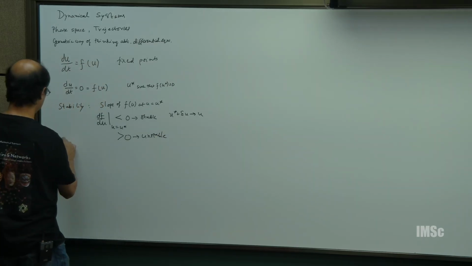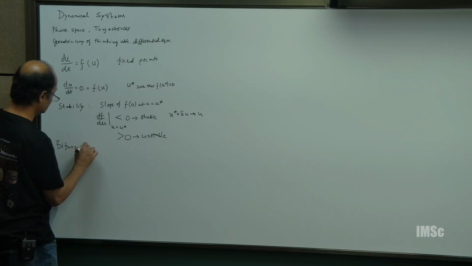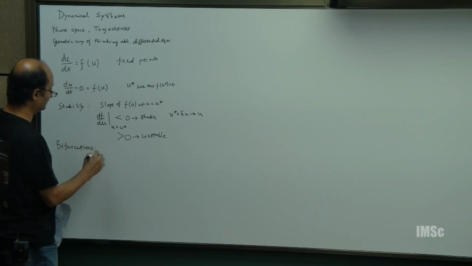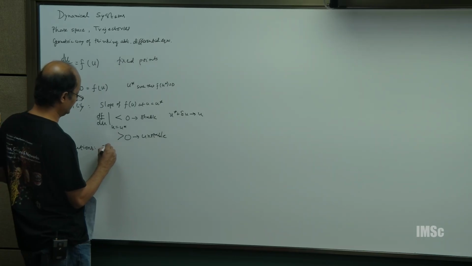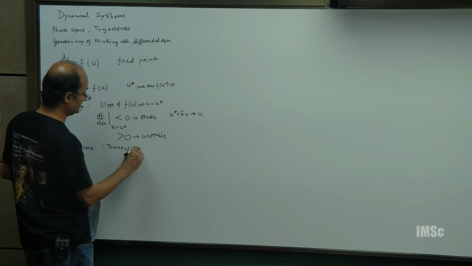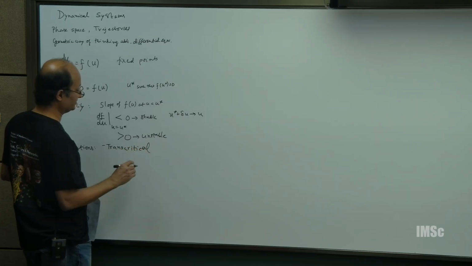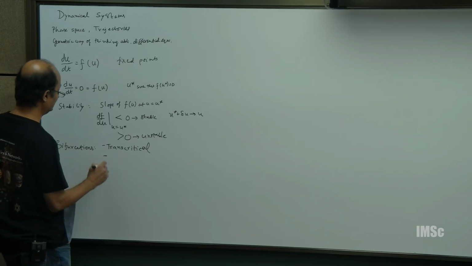Then we looked at bifurcations, and we found that in one dimensional systems we have three. We had the transcritical, where you just exchange stability of two fixed points. A stable fixed point becomes unstable, and the unstable fixed point becomes stable at the critical point.